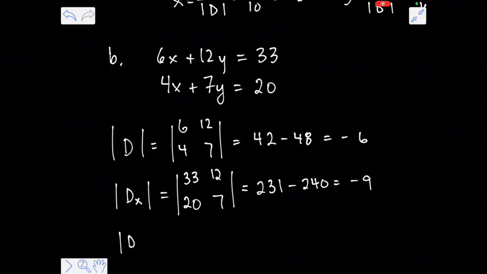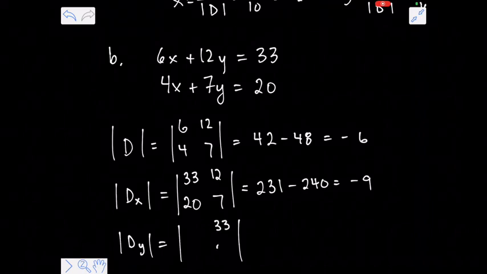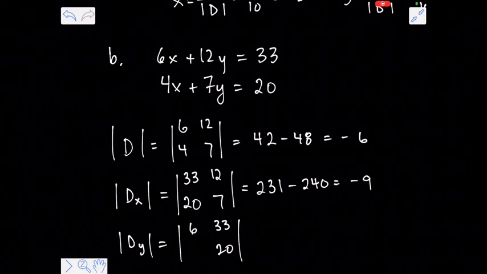And then d sub y, the determinant there. Now the y column, or the second column, is going to have 33 and 20. The x column is going to be the same, 6 and 4.